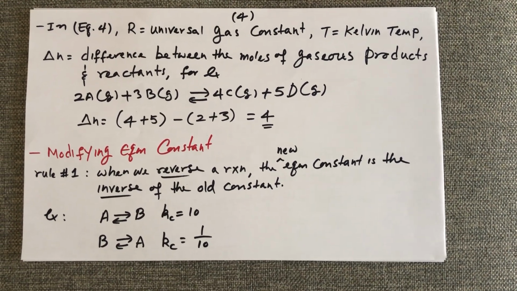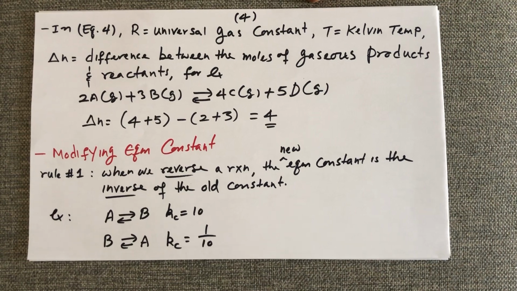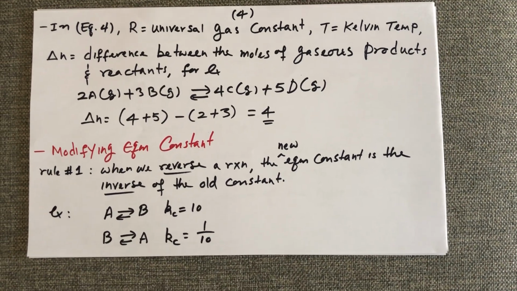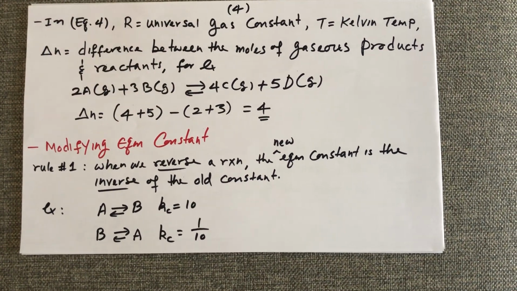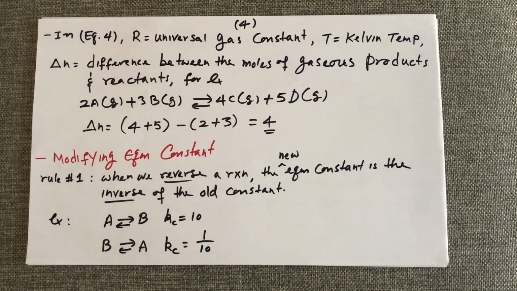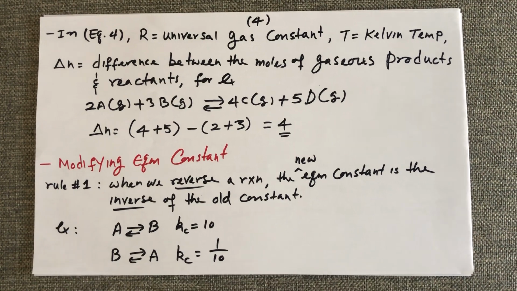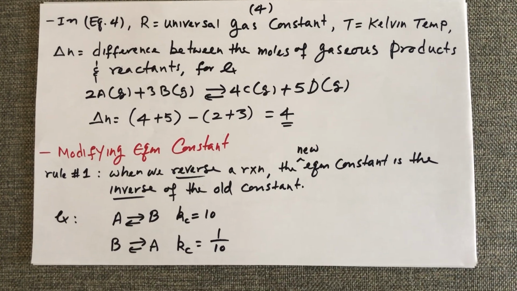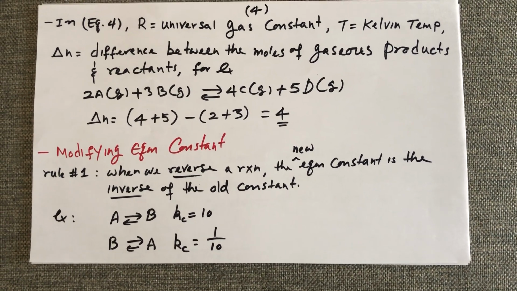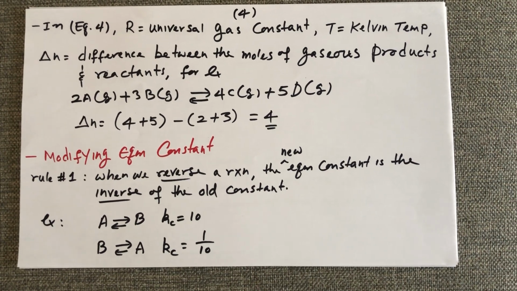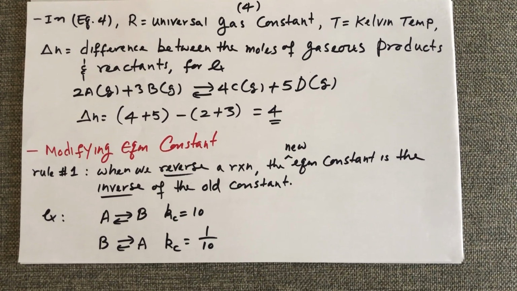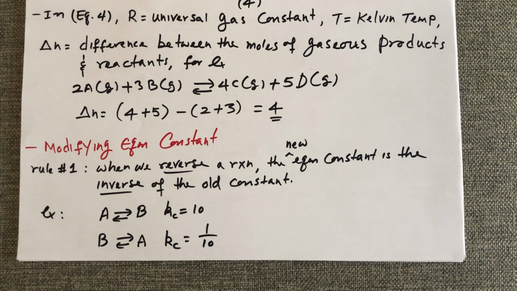Now, the new topic which I'm using now is I'm using a red marker to indicate a new section. Modifying equilibrium constant. There are 3 rules we have to follow. Rule number 1, when we reverse a reaction, the equilibrium constant for the new reaction is the inverse of the old one.